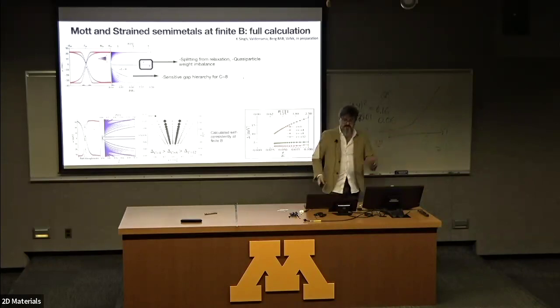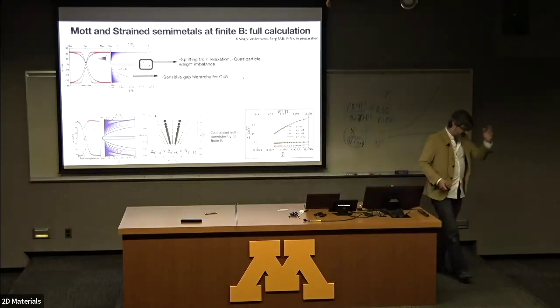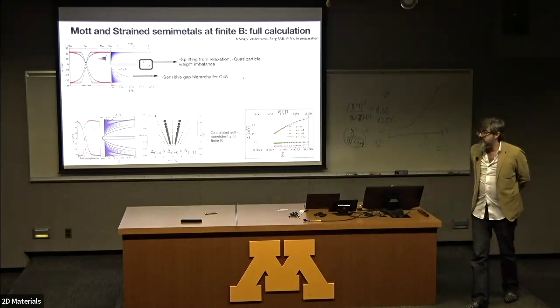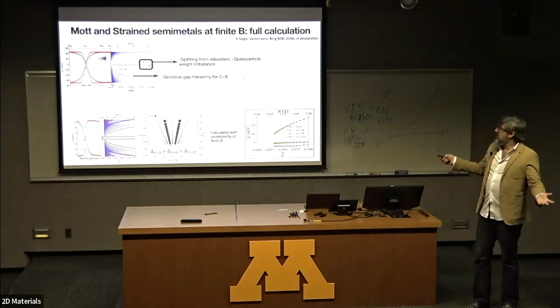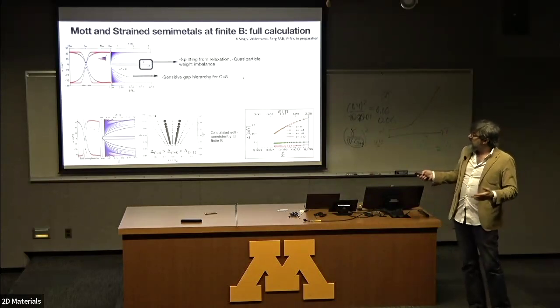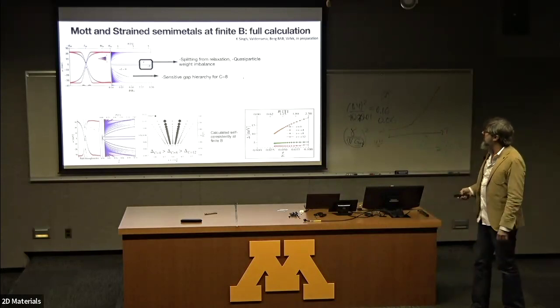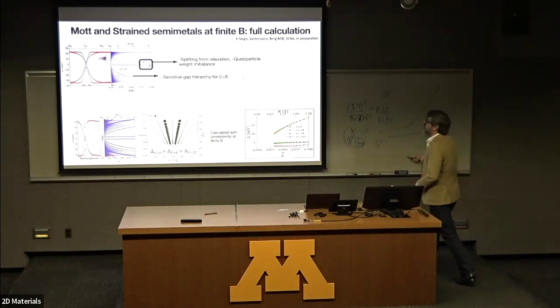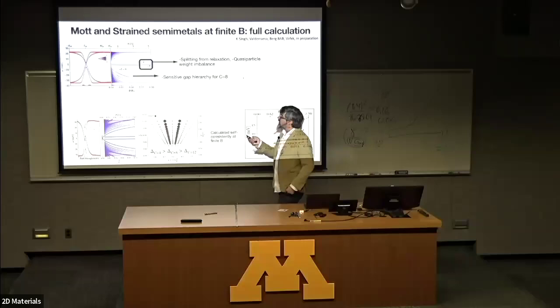So Keshav did not only self-consistent, but a huge amount of work. And this is the actual thing that happens away from this easy limit. You have relaxation, you have strain. This relaxation immediately shows that the spectrum is not particle-hole symmetric. But the moral of the story is that the C equals 4 gap is the largest.